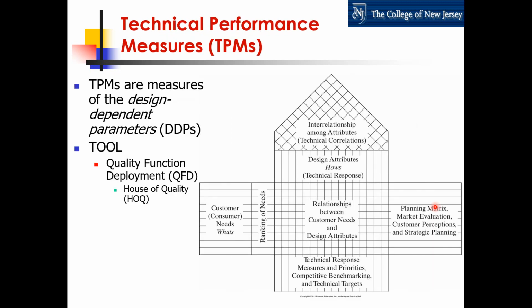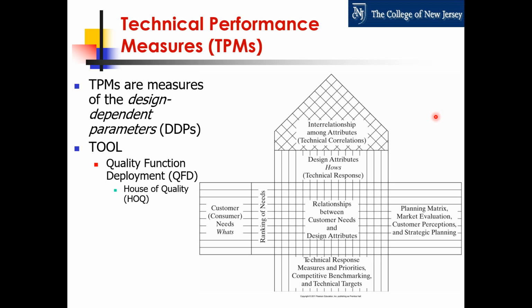All right, so now let's switch gears and talk about technical performance measures. And I did say that we were going to expose you to a tool that makes the exercise of prioritizing technical performance measures in a quantitative manner easy, okay? This tool, and by the way, technical performance measures are the measures of the design-dependent parameters.